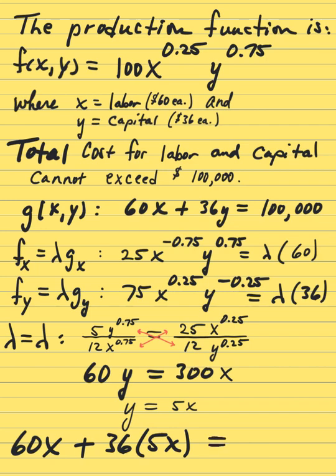That was our total cost for labor and capital. Now I'm going to have to go to another slide, but basically what we're going to do here is solve this equation for x, and then we're going to sub it right back into here to get y. And so on the next slide, I've got to do that.